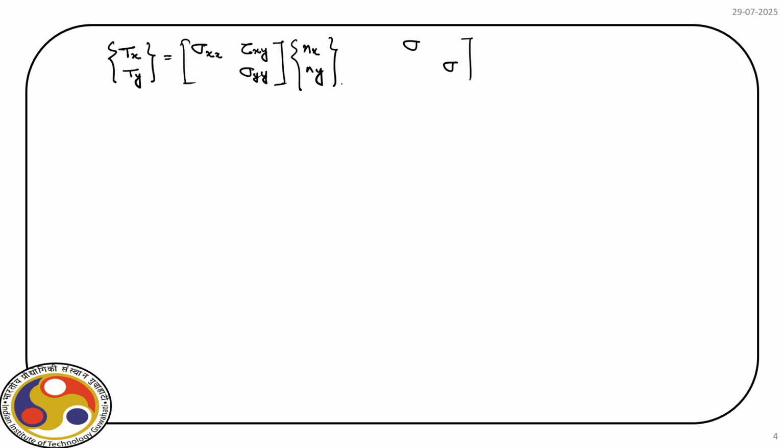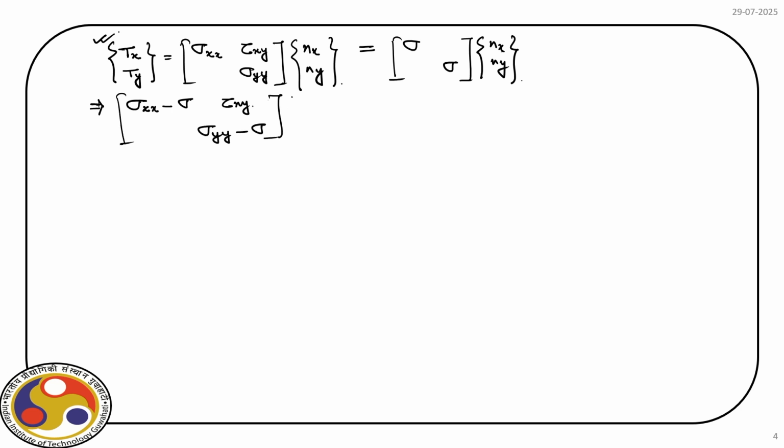That is the 2D stress field, and for the same direction cosines nx and ny, this should equate to the traction Tx and Ty. If that is the case, we have again the same eigenvalue problem: the matrix with sigma xx minus sigma, tau xy, tau xy, sigma yy minus sigma, times nx and ny is equal to 0.